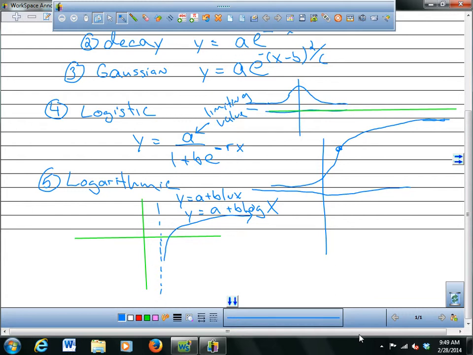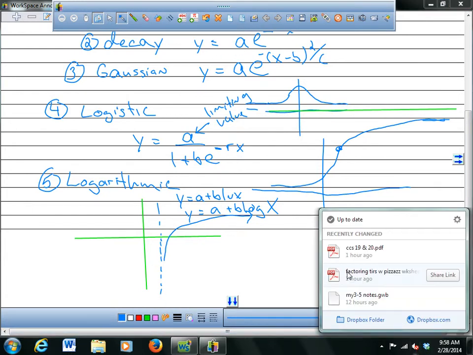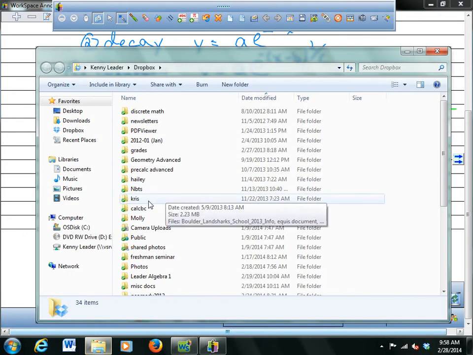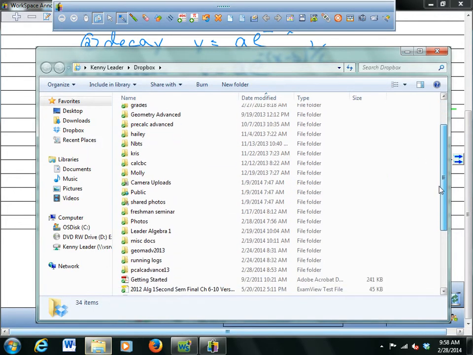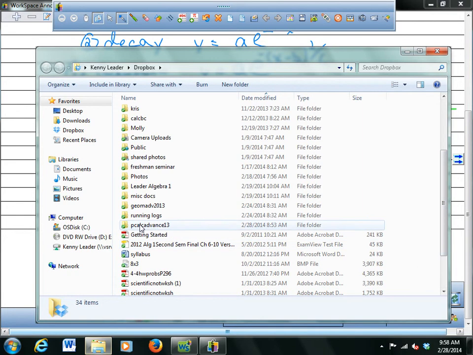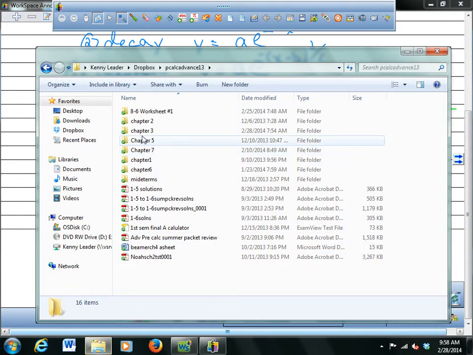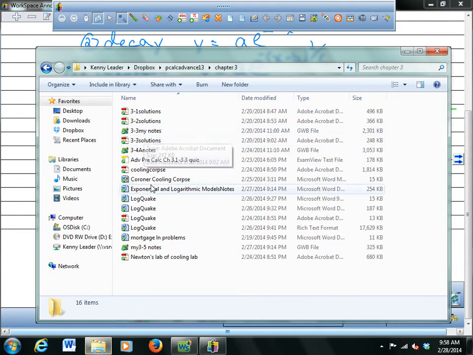So let's look at some of the problems that you will be doing. Let's see if I can find it. Dropbox folder, Miss Cox, Pre-Calc Advanced. I'm looking for Pre-Calc Advanced 13. There we are. Chapter 3. I think I copied this as a PDF somewhere, the same thing that you have.